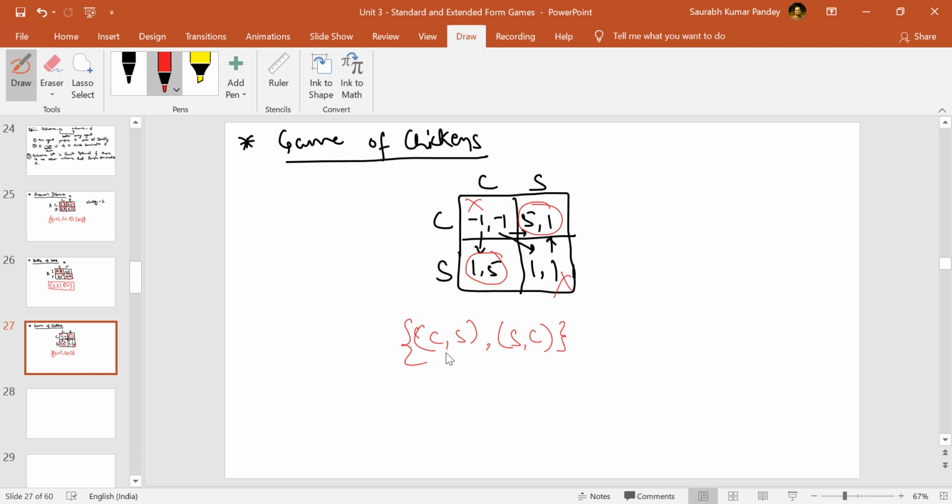So what we discussed, whatever solutions we have seen, all these solutions make it clear that it is not a simple matter to define what is the best answer, because sometimes you are getting two strategies, sometimes four strategies, sometimes no strategies. So it is somewhat difficult to define the best answer. However, this we show with a 2 by 2 matrix.